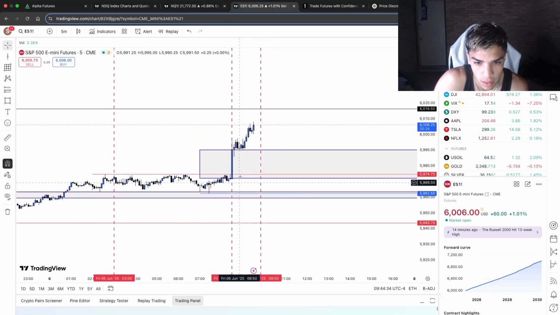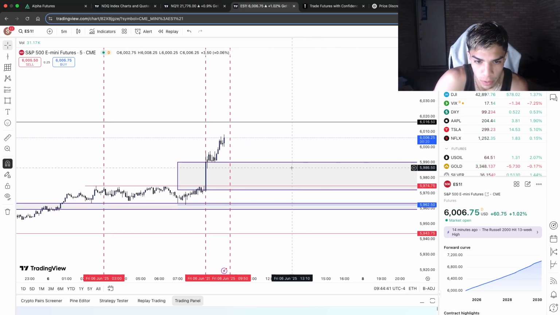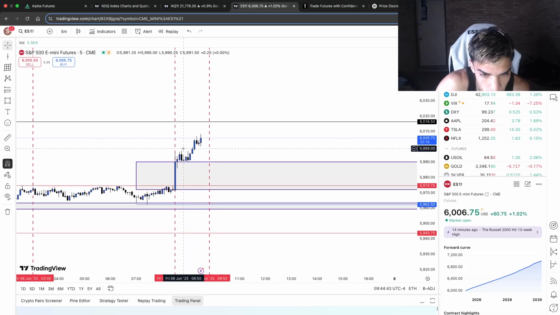That's my analysis real quick. On this fair value gap, as long as it doesn't get disrespected, we're still in an uptrend right now. Look, this is the most recent high right here. We're on the S&P right now.